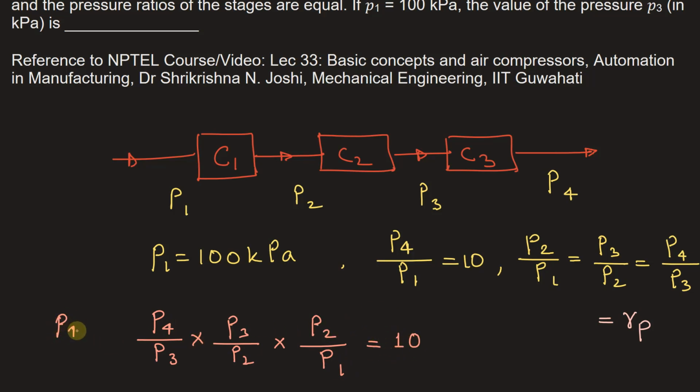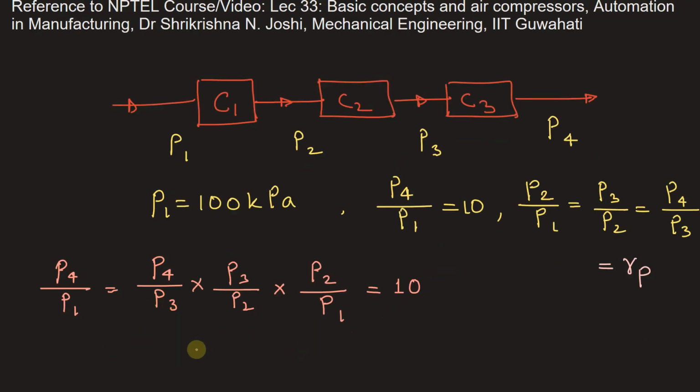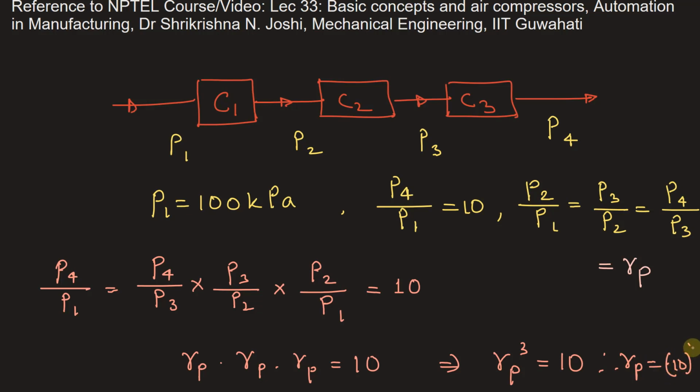This is P4 by P1, the compression ratio of the entire compressor. Now each ratio we have assumed to be Rp, so Rp multiplied by Rp multiplied by Rp is equal to 10. Therefore Rp cube will be equal to 10, and Rp will be equal to the cube root of 10.